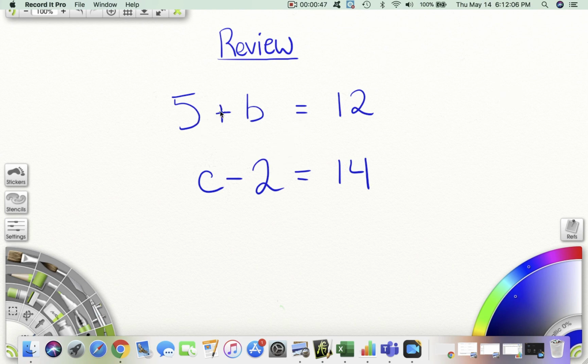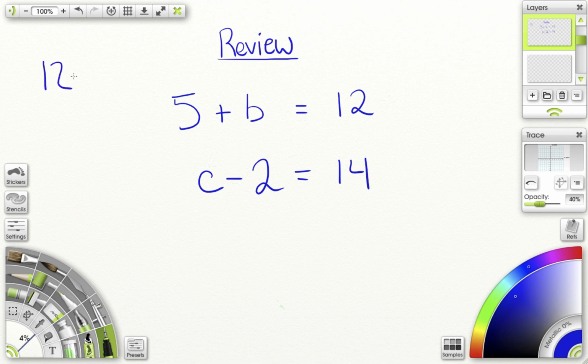So 5 plus b equals 12. We have to figure out what b is. So to do that, we do 12 minus, and we do the opposite operation. So we added 5 on this side. Instead of adding, we subtract it. So I take 12 minus 5. Okay? Because you always do the opposite operation.